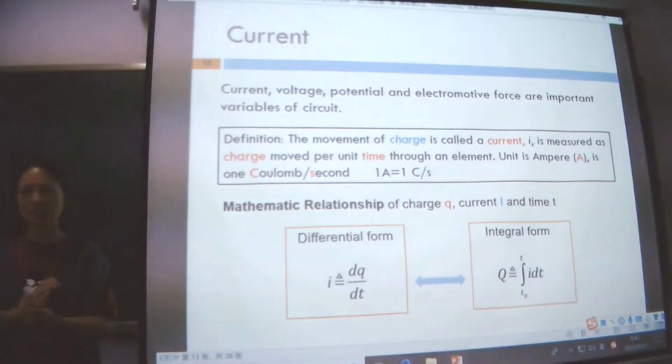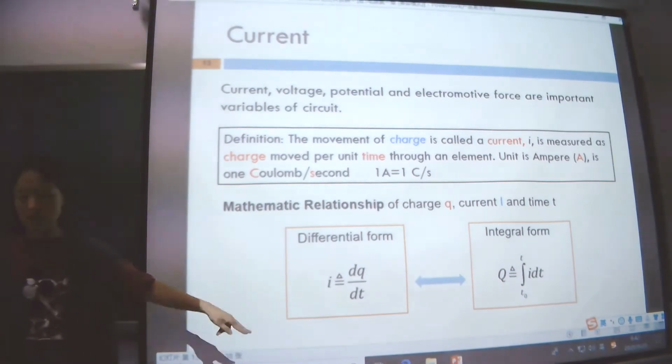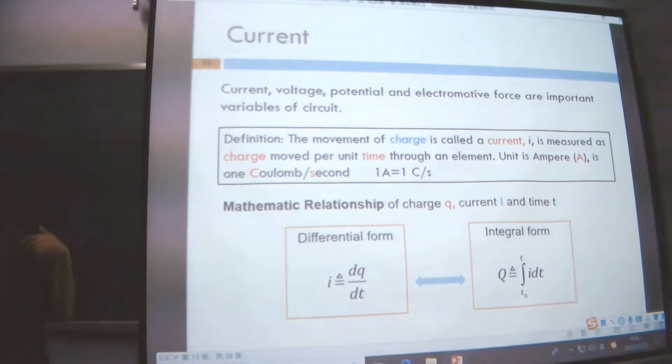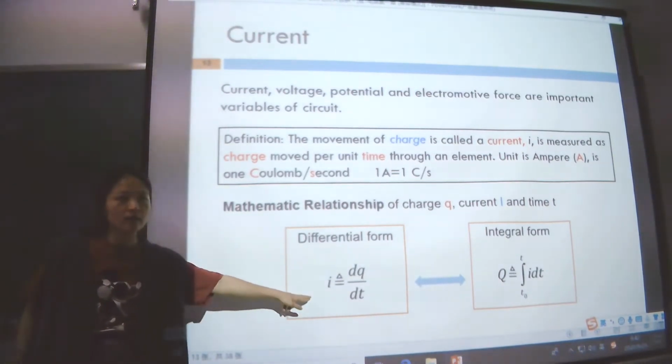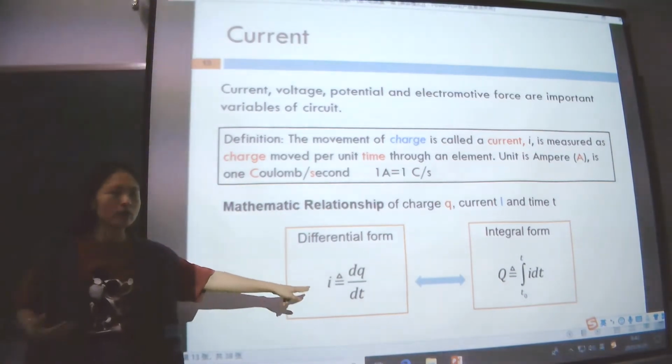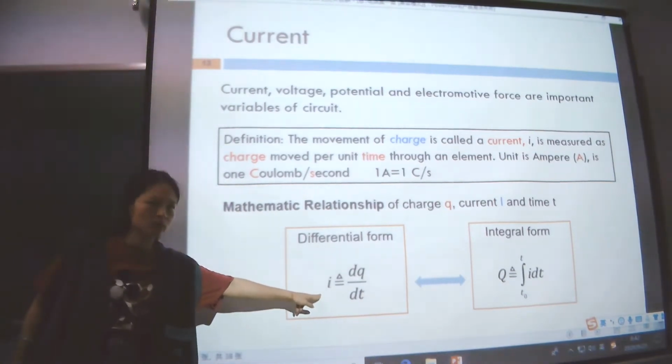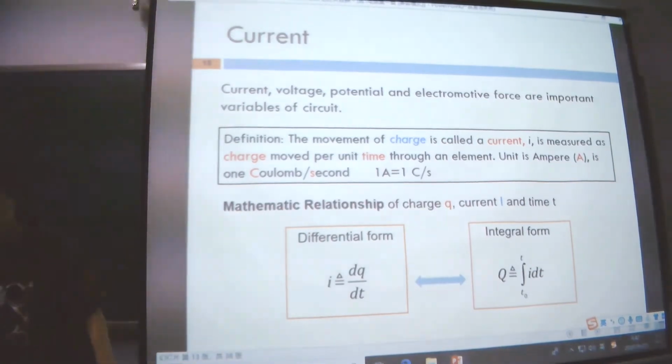We know q, but we cannot measure it. Generally we just get the voltage or the current, not the Q. So that is the reason why we seldom use this equation. It's just a definition. We should know this equation, but we seldom use it.